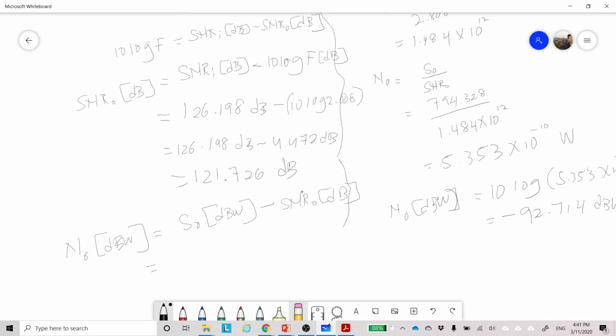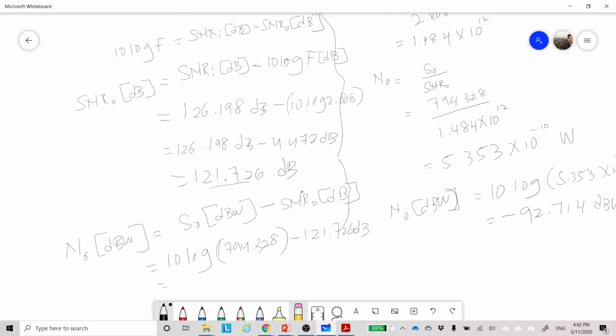Ini bersamaan dengan 10 log 794.328, ini kita dah cari tadi, tolakkan dengan SNRO tadi kita dah dapat 121.726 dB.